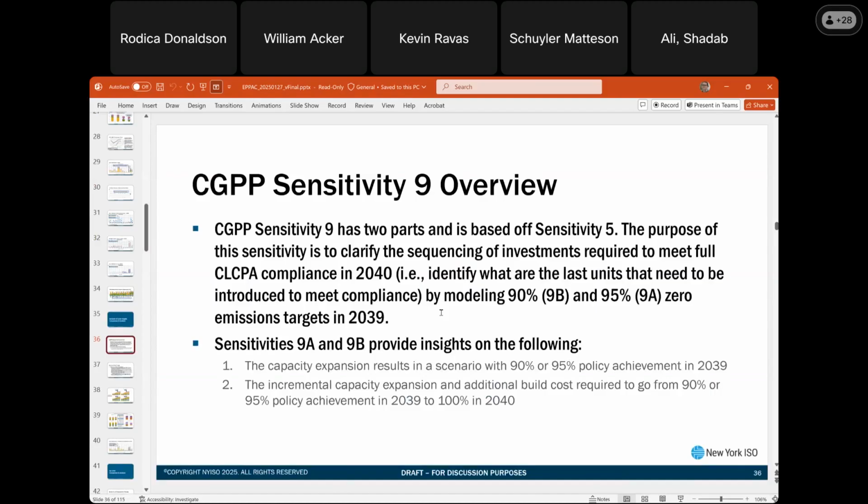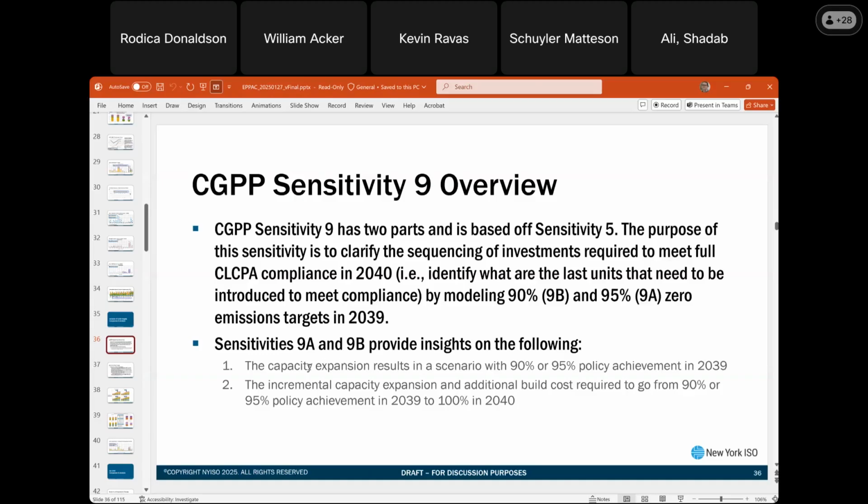In this case, we're modeling a 90% and a 95% zero emission target in 2039. The purpose of this sensitivity is to clarify the sequencing of investments required to meet the full CLCPA compliance in 2040. Basically that means we're trying to identify what the last units are that are needed to be introduced to meet this compliance in 2040.